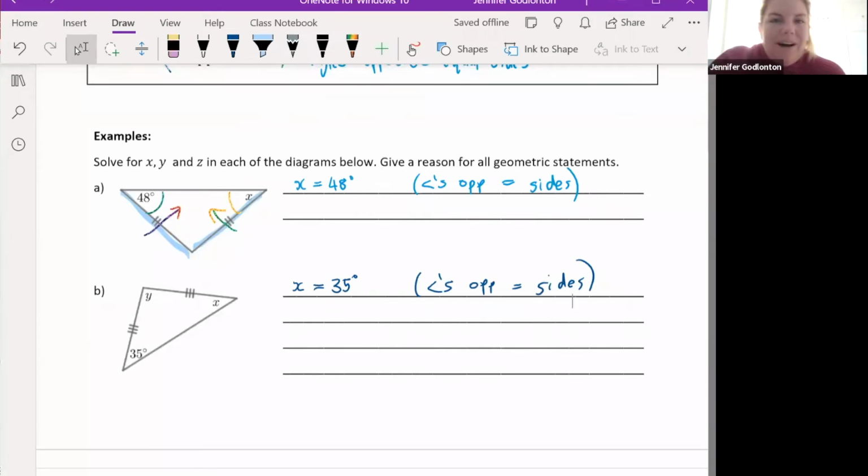Okay, how am I going to find Y? Ma'am, is it interior angle? We don't say interior angles though. Think about what rule we're going to say here. Ma'am, when did we use the rule? We learned it a couple of lessons ago.